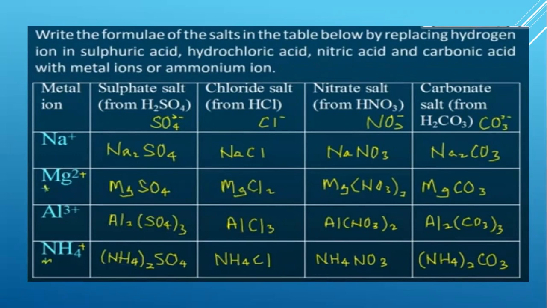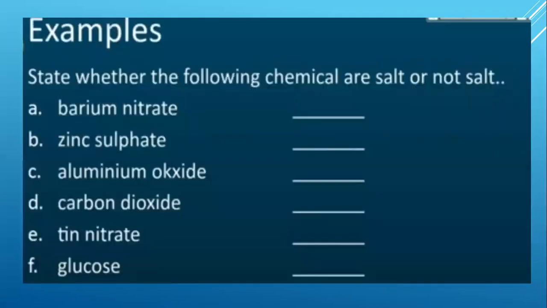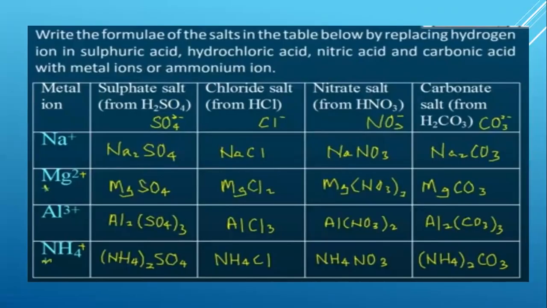Then ammonium ion reacts with nitrate and forms ammonium nitrate. Ammonium reacts with carbonic acid and forms carbonate salts, that is ammonium carbonate. Hopefully you have understood how metal ions react with acids to form different varieties of salts.